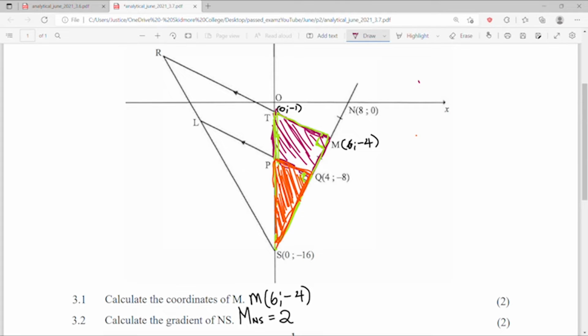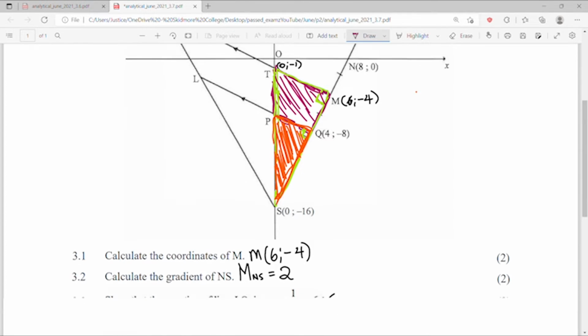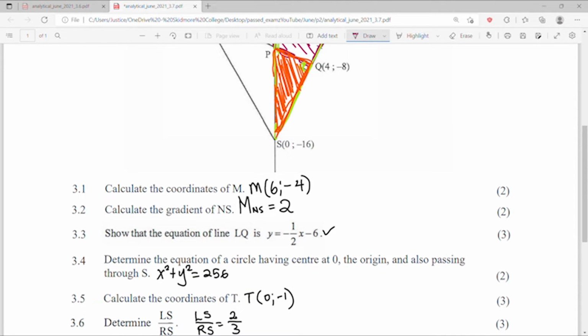So that's the strategy that we're going to use. Every time they ask you to calculate the area of a shape that you don't know, look at other shapes that you know around that unknown shape, and then you can figure it out.